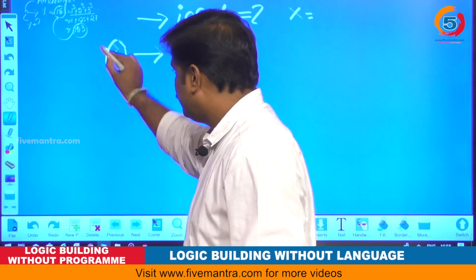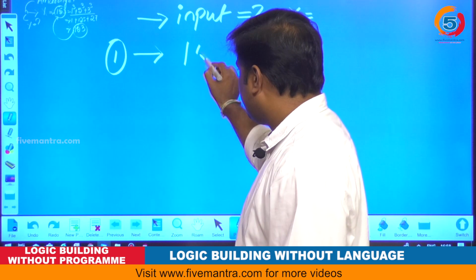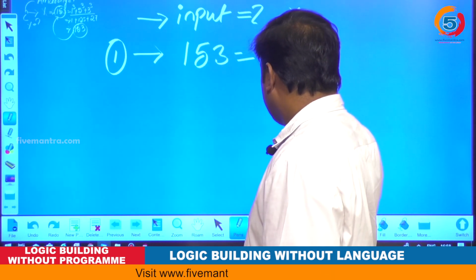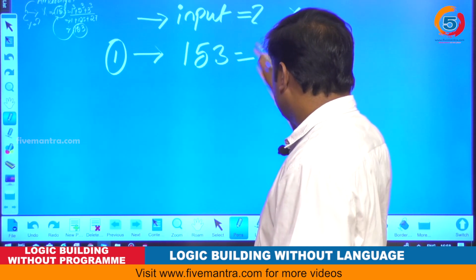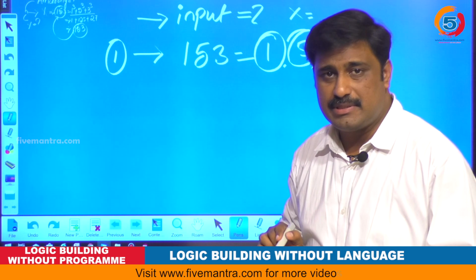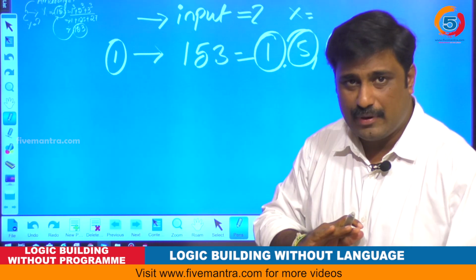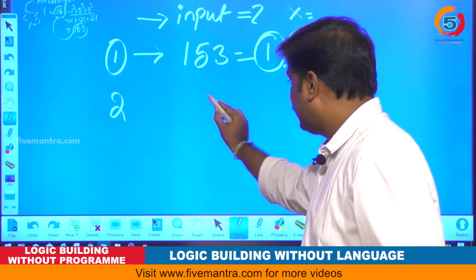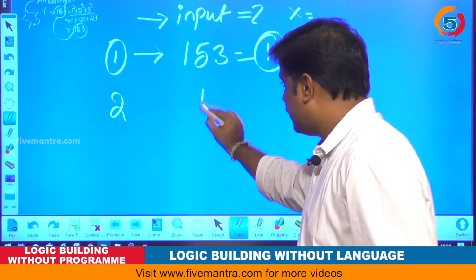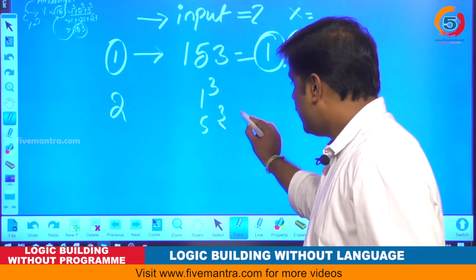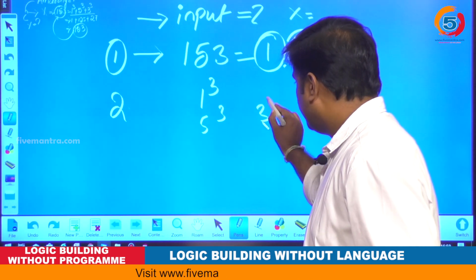First step, I have to divide 153 into 1, 5, 3. I have to get the individual numbers. Once I have the individual numbers, one step is over. Next, the second step, I have to get the cube of the individual numbers: 1 cube plus 5 cube plus 3 cube.